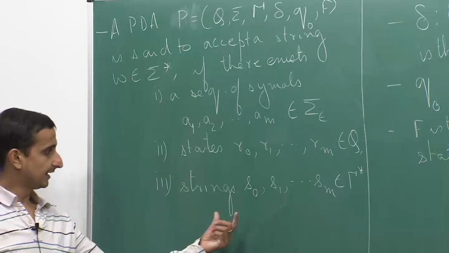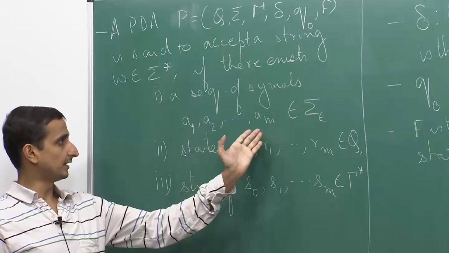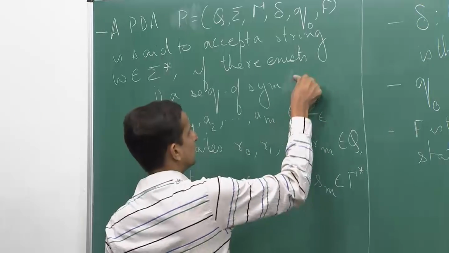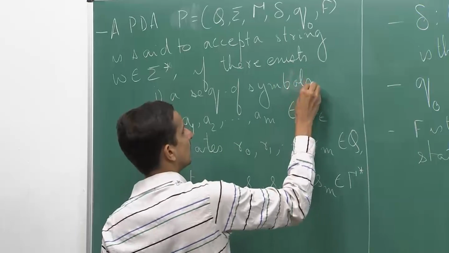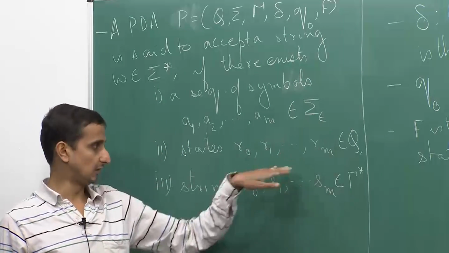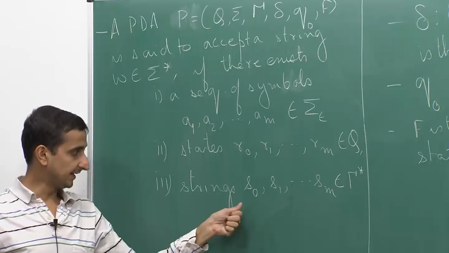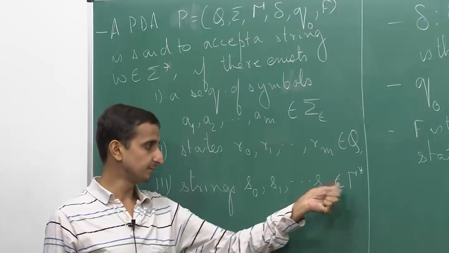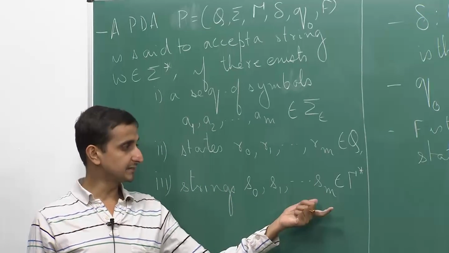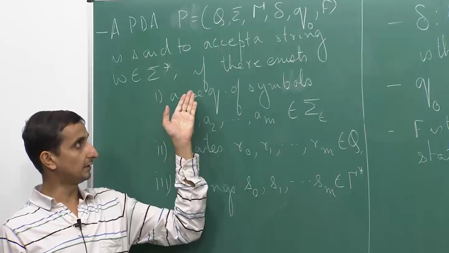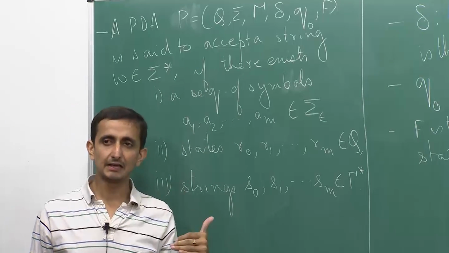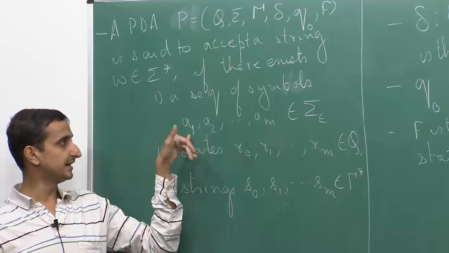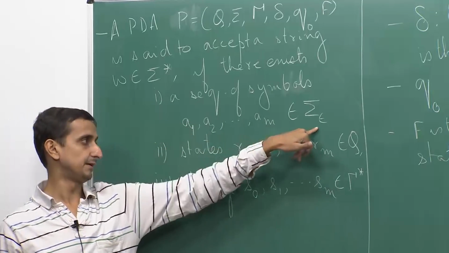So essentially we assume three things: a1 through am, which are symbols in sigma epsilon; states r0 to rm; and strings s0 through sm over gamma star, which are strings over the stack alphabet. Intuitively, the PDA, when it receives the string w, accepts w in m steps, where at each step it is reading ai, which can be empty also.